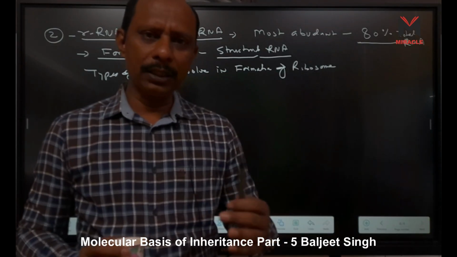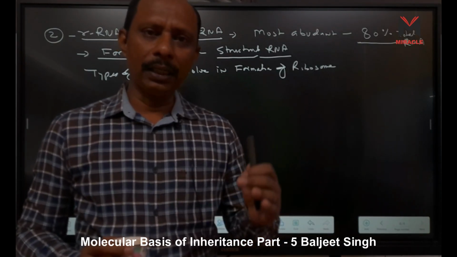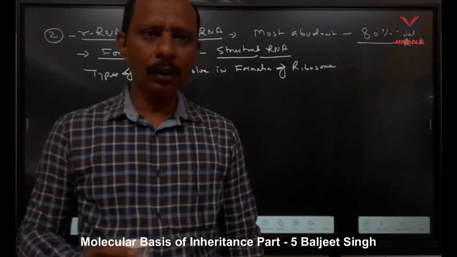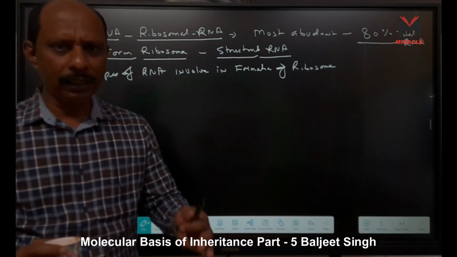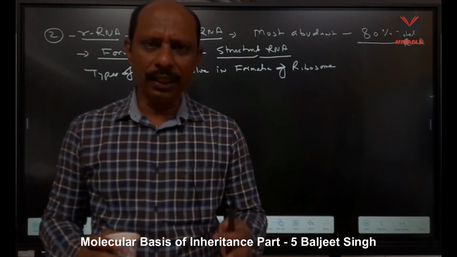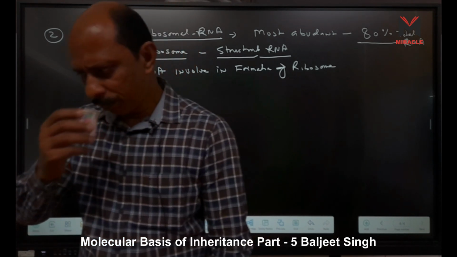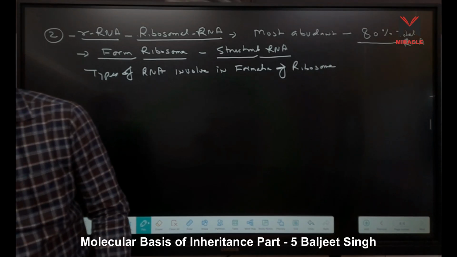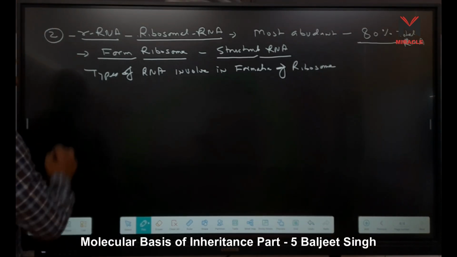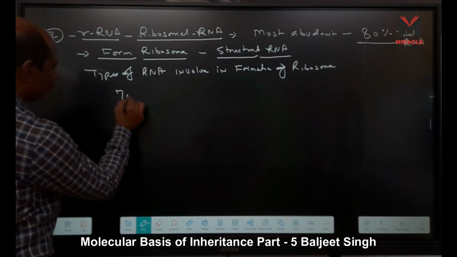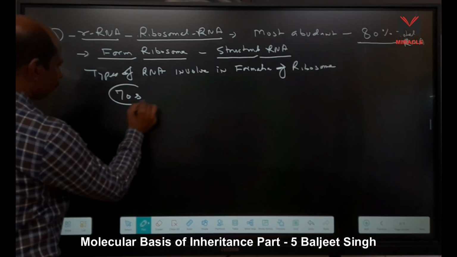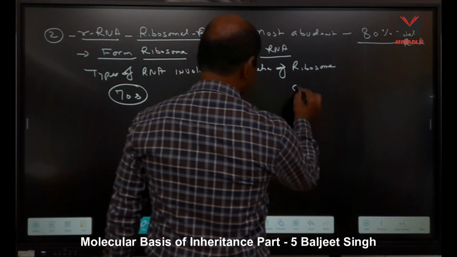In case of 80S, which is present in the eukaryotic cell, one is 60S and another one is 40S. Here, two types of ribosomes, 70S ribosome first and another one is our 80S ribosome.